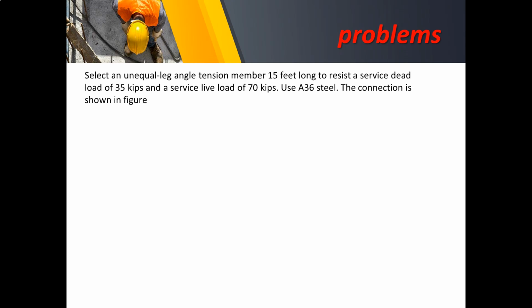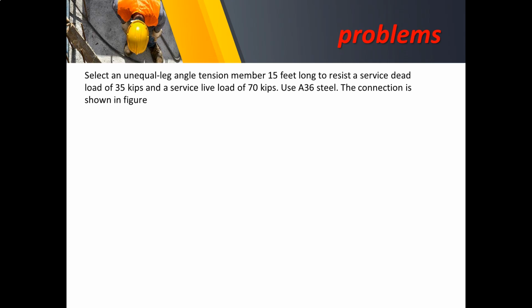So let us take another example. So this time we have an angle with an equal leg. So L here, or the tension member length, is 15 feet. This is to resist a service dead load of 35 kips and a service live load of 70 kips.